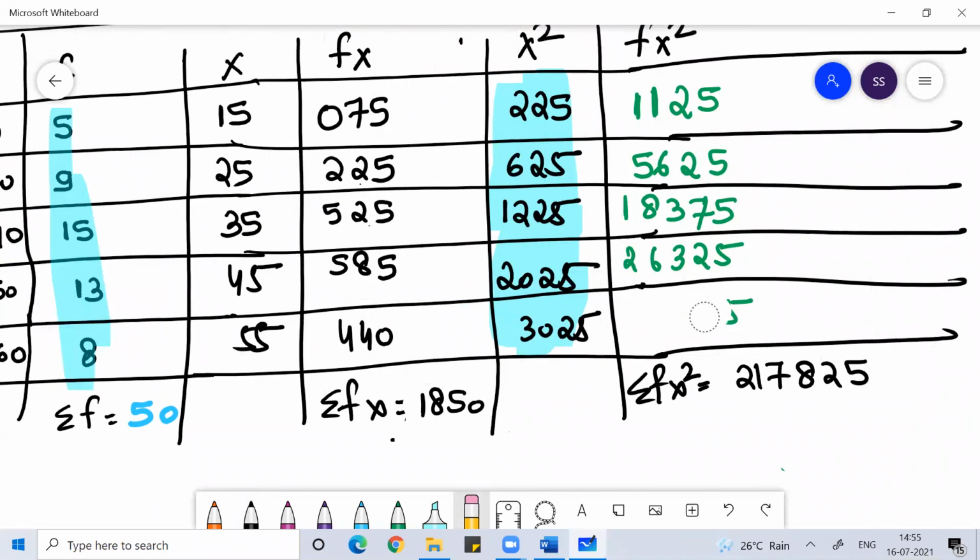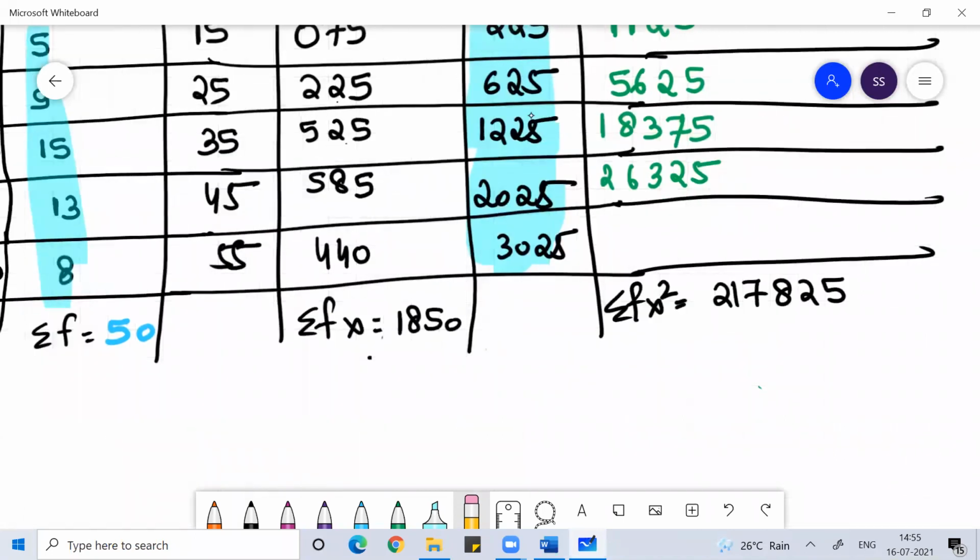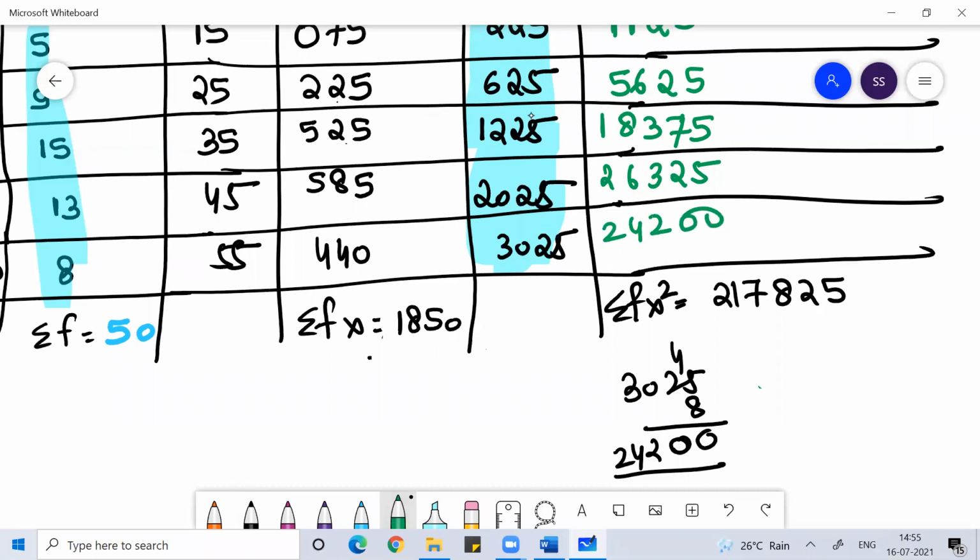I should multiply 3025 into 8, not with 55. I multiplied by mistake by 55. 3025 into 8. This is 40, 16, 20, 24200.